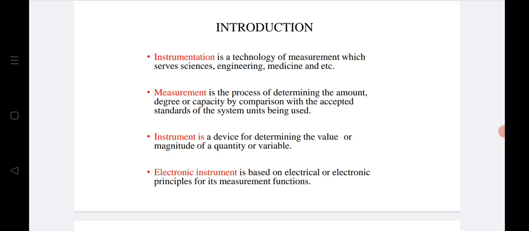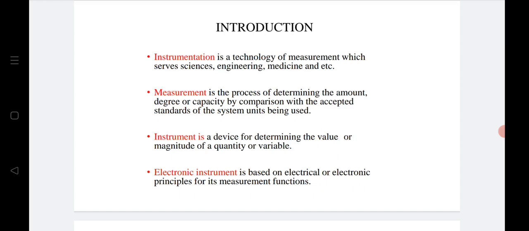How is it showing? The weight of that particular quantity is compared with your standard system units, and then it will show that the particular quantity's weight is 1 kg, or it can be 100 grams. So that is nothing but your measurement.